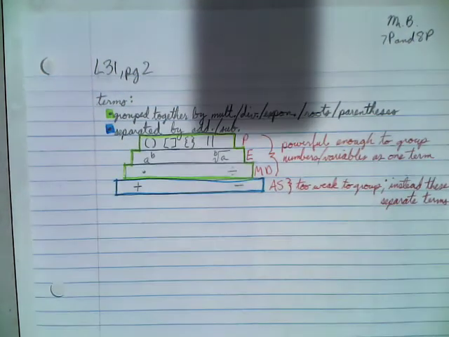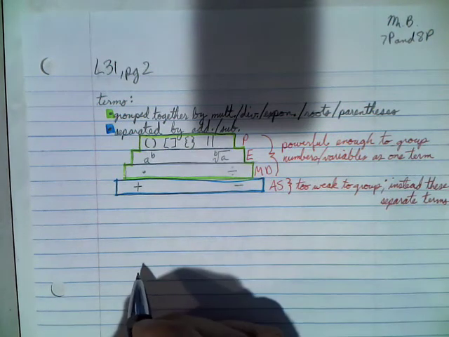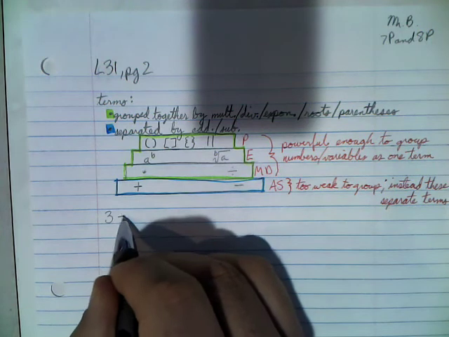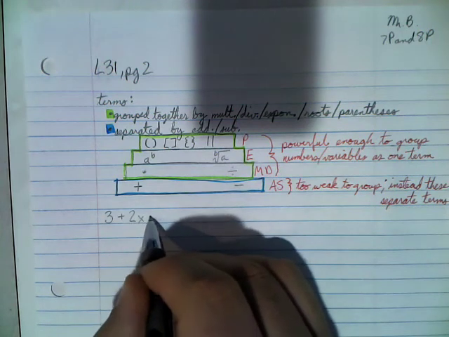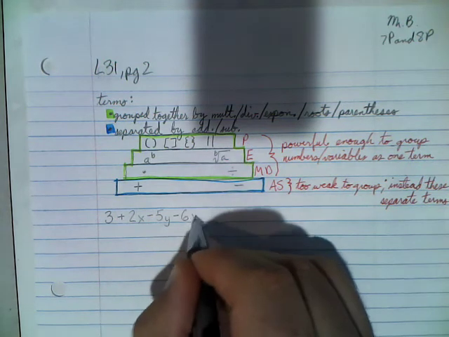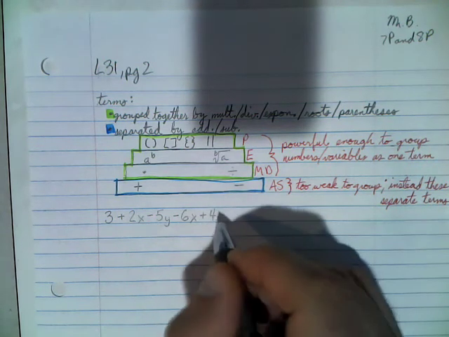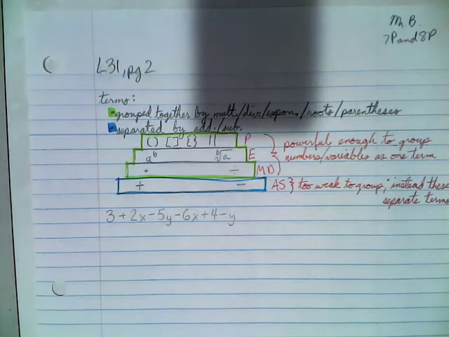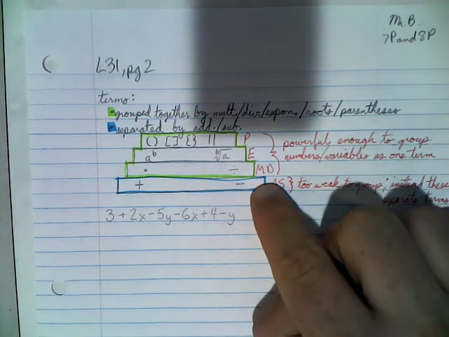So let's take a look here. For example, if I gave you the expression 3 plus 2x minus 5y minus 6x plus 4 minus y, and I asked you to tell me how many terms are here, what I would recommend, at least for now here at the beginning, is to grab this bottom layer color.